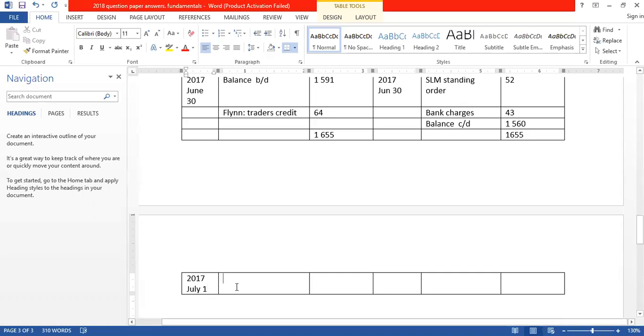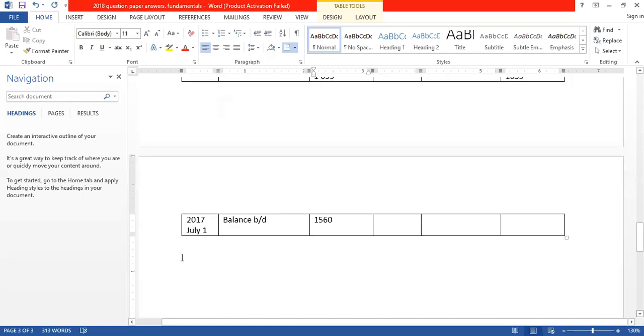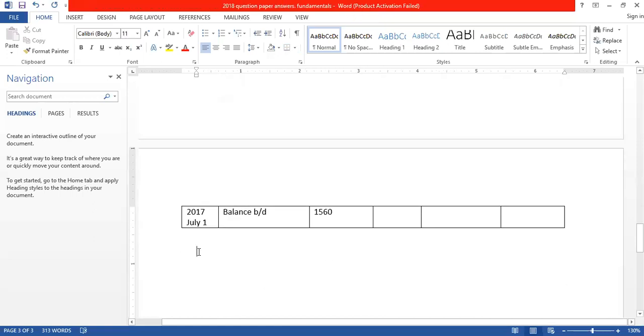So it will be July the 1st, balance brought down of 1,560. Okay, so are there any questions before we move on to the bank reconciliation?